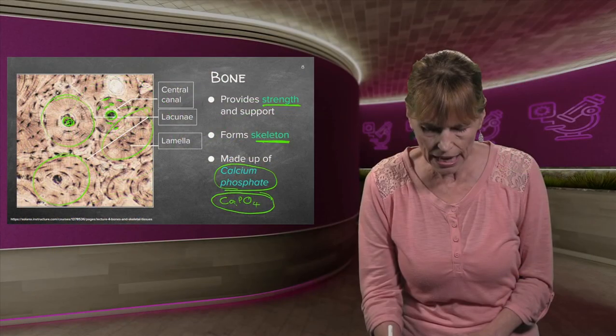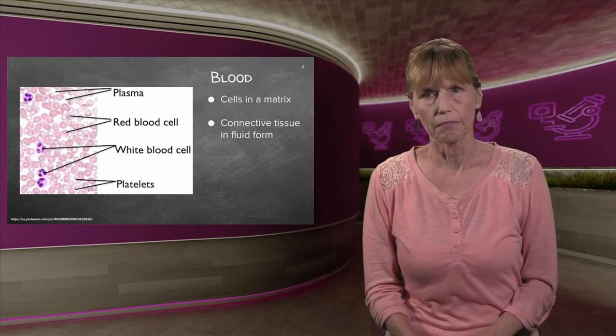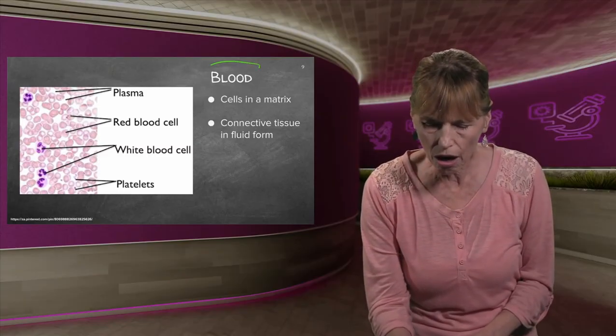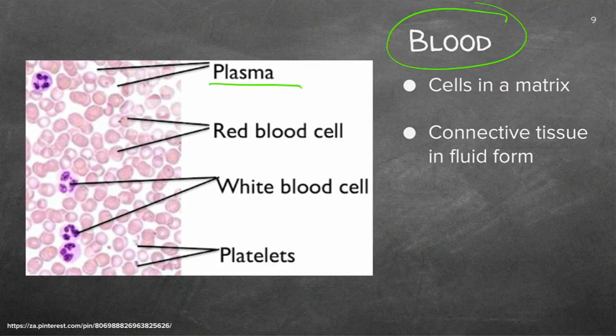All right. Then we have the blood. Blood is your last connective tissue. It is made up of plasma, red blood cells, white blood cells, and platelets. All four of those components are incredibly important.